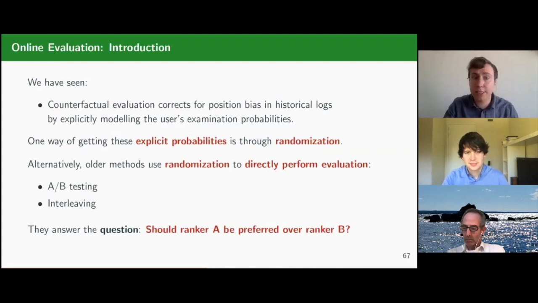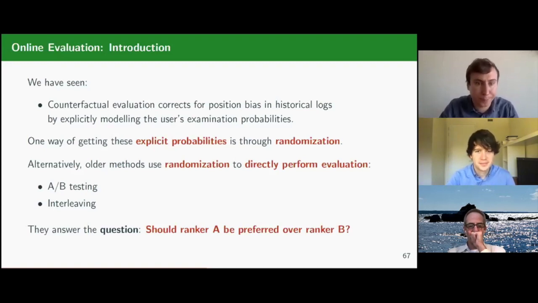And we've also seen that one way of getting these user examination probabilities is through randomization, by randomizing what order documents are shown, and then you can infer for each rank what's the examination probability. There are other methods that can be used to directly perform evaluation through randomization.